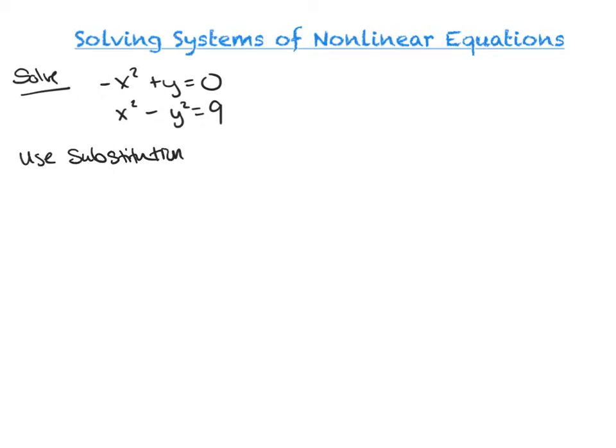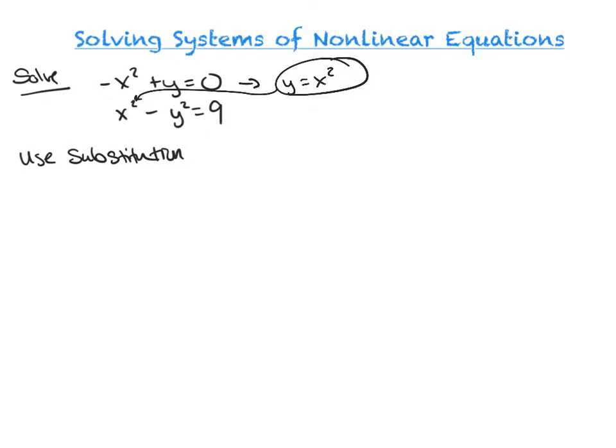And it looks like the y in the top equation is by far the easiest thing to isolate. So if we add this x squared to the other side, that will give us y equals x squared. Great. And then we can plug that in for either the x or the y, whichever one you want to. Let's plug the y equals x squared in for x squared.